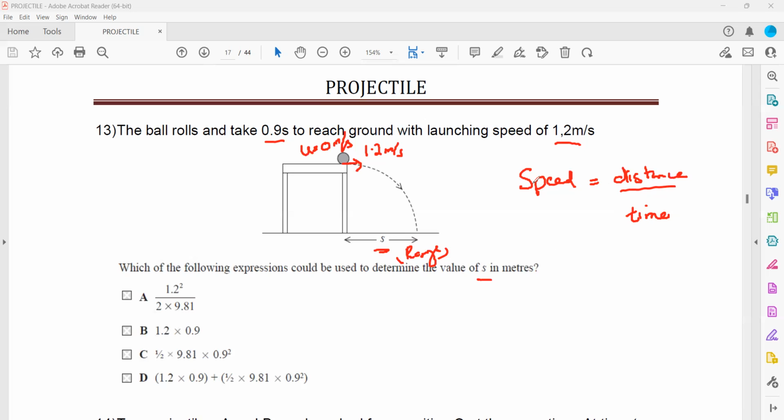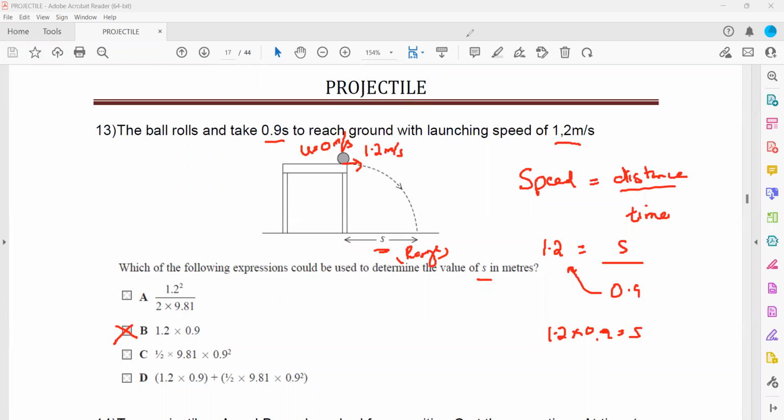So the speed at which it is launched equals 1.2. The distance we don't know, and the time it took is 0.9. So 0.9 is divided, on the other side it will be multiplied. It will be 1.2 into 0.9. That will give us the horizontal distance, or we can say range.